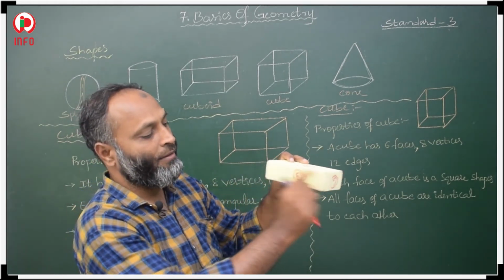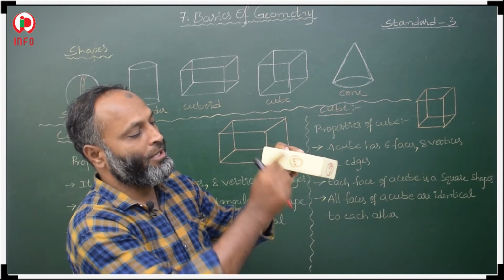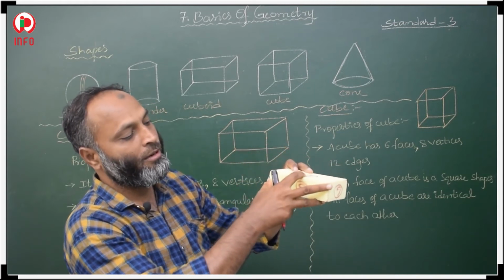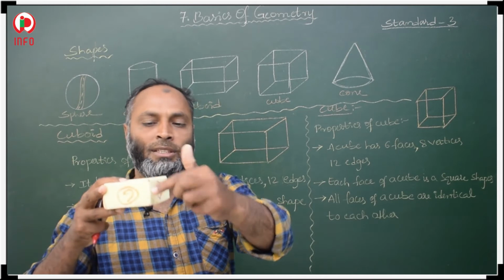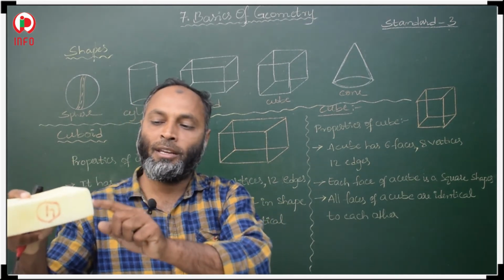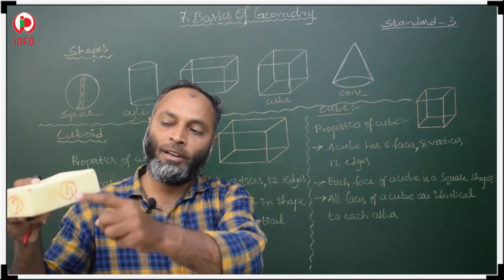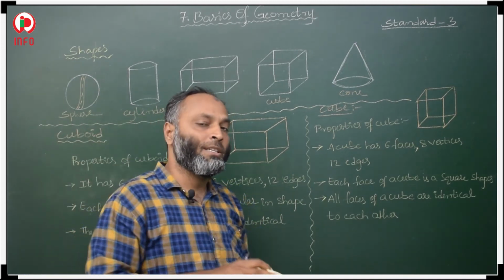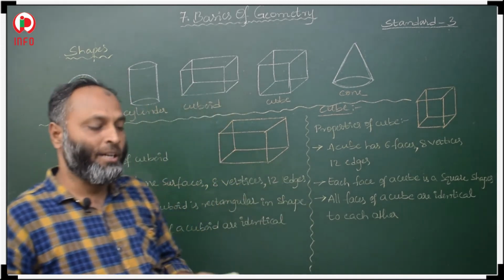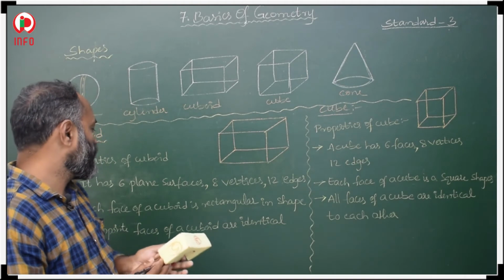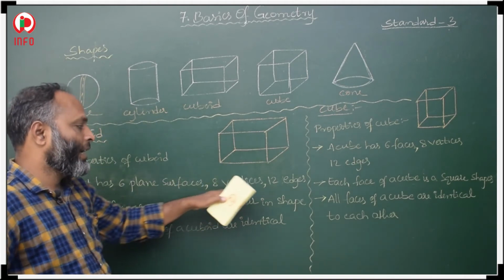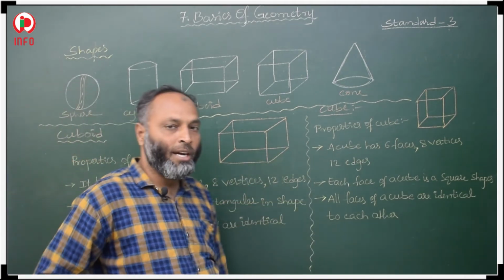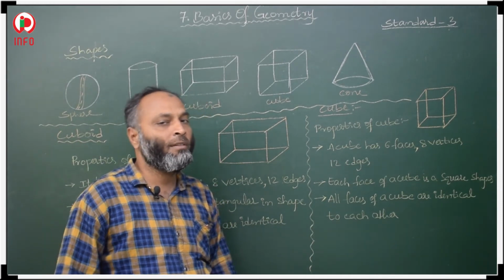This length 1, 2, 3, 4. This 4 is over. Then 5, 6, 7, 8, 9, 10, 11, 12. So, 6 plane surfaces, 8 vertices and 12 edges.